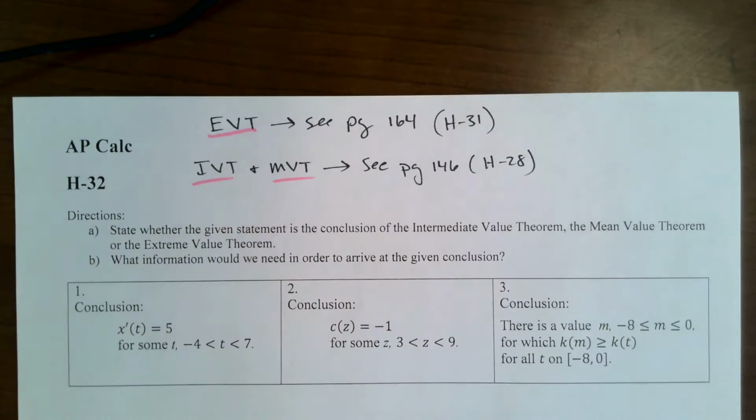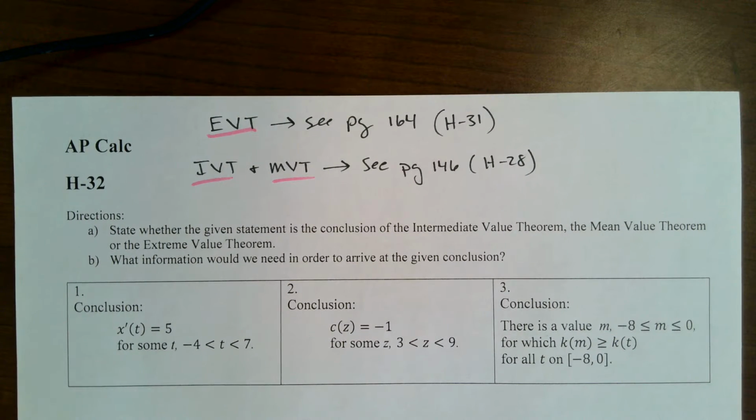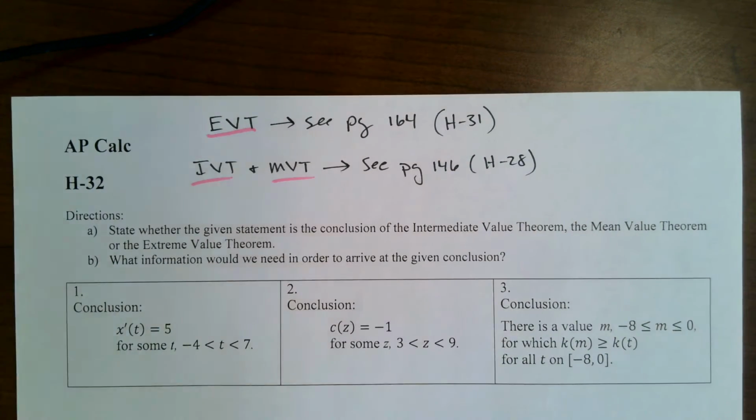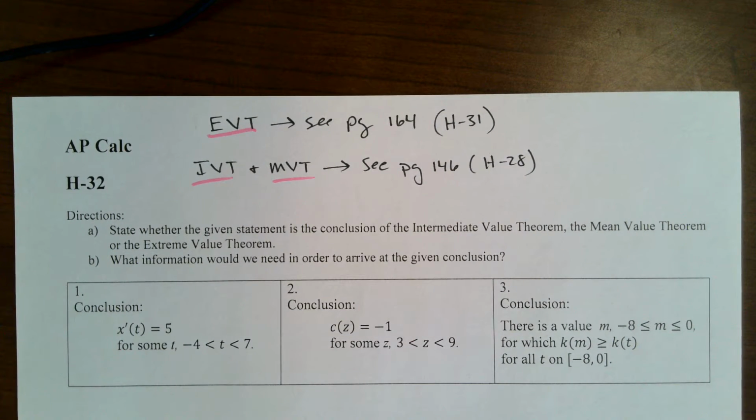So the directions state whether the given statement is the conclusion of the intermediate value theorem, the mean value theorem, or the extreme value theorem. And then part B, what information would we need in order to arrive at a given conclusion? Okay, so number one, x prime of t equals 5 for some t between -4 and 7.